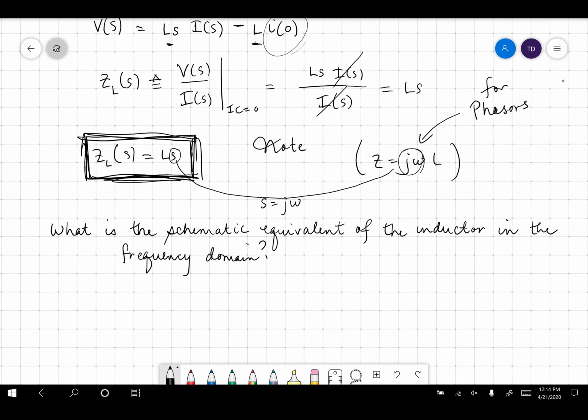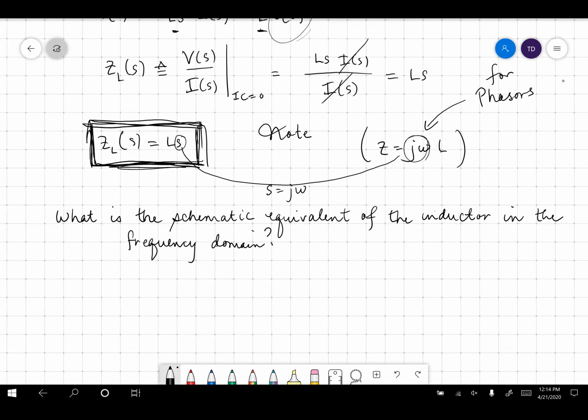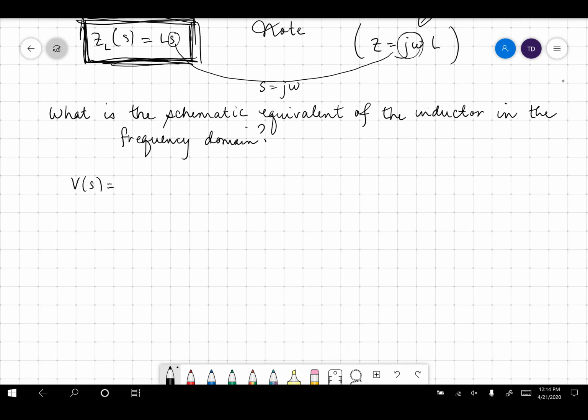All right, well, let's rewrite this equation. V of S equals Ls I of S minus L I of 0. So I want to start with that one. And over here, I also want to solve for I of S. See if you agree with this.